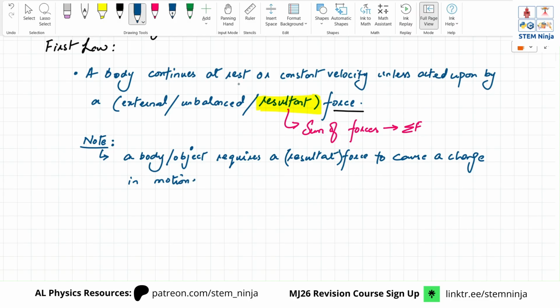So that means either it will stay at rest or keep moving with a constant velocity unless there's a cause for change in motion. Either it will accelerate, decelerate, come to a stop, or go from rest to motion. All that it requires is a resultant force to cause it to change in motion or accelerate.